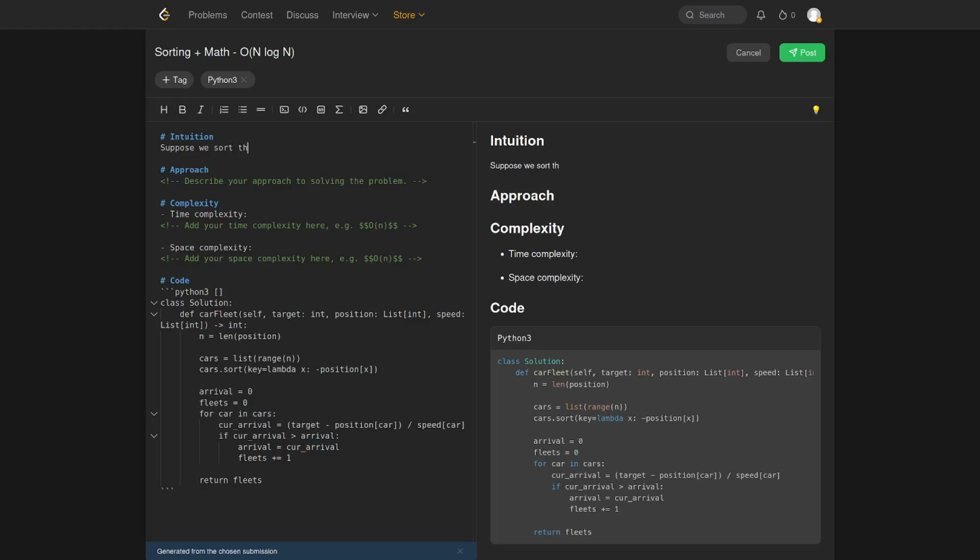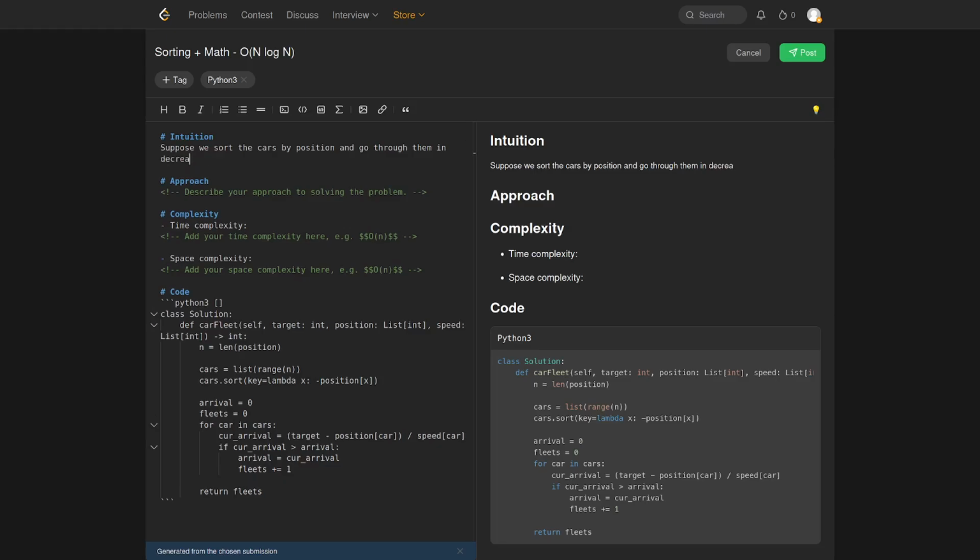Suppose we sort the cars by position and go through them in decreasing order.